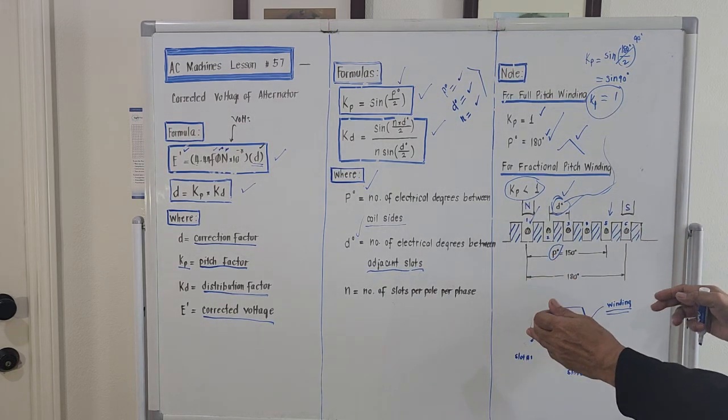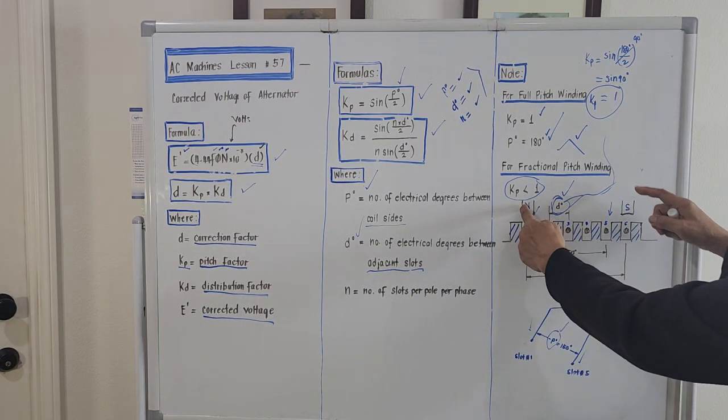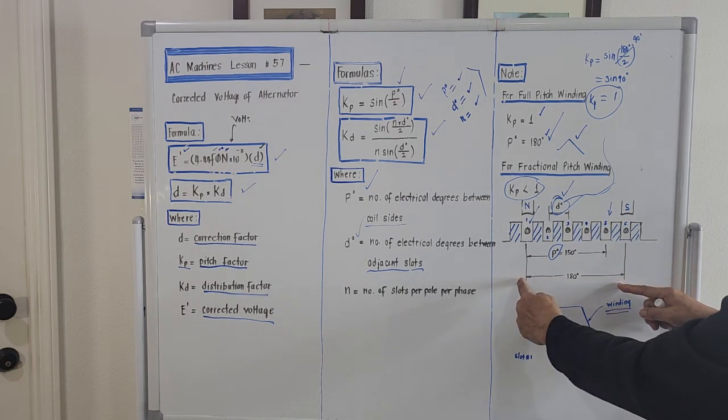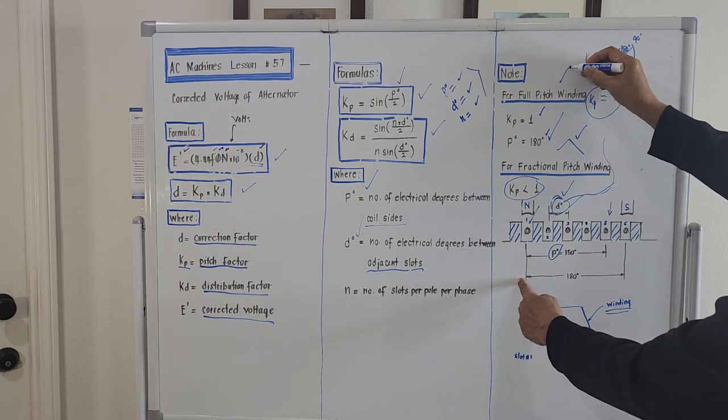If the distance between a north pole and a south pole is exactly 180 degrees, that is termed pole pitch winding.